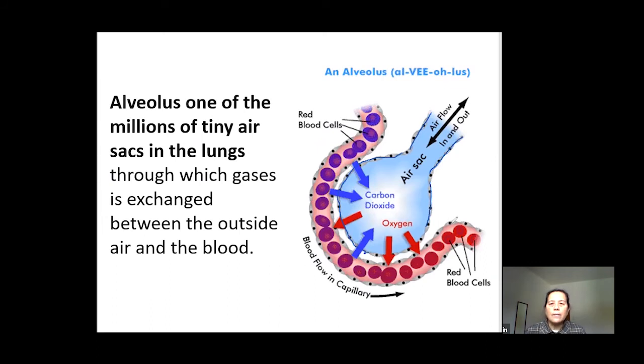Then blood vessels cover each of the alveoli. That's pretty tiny, but it truly happens: oxygen comes from the alveoli into the blood circulation, through tiny small blood vessels, the capillaries.